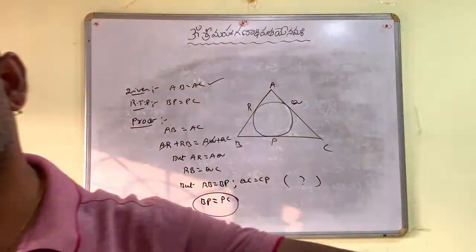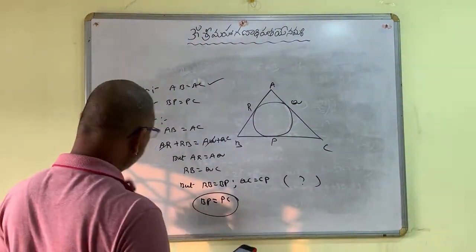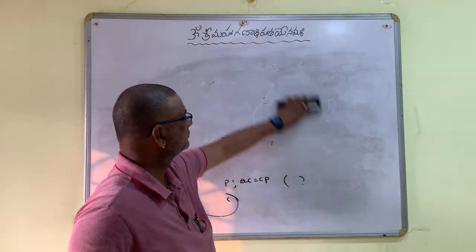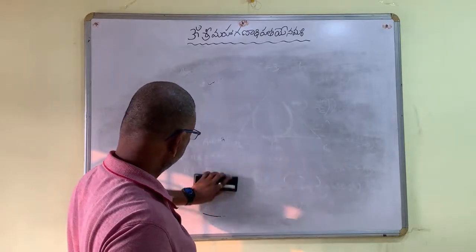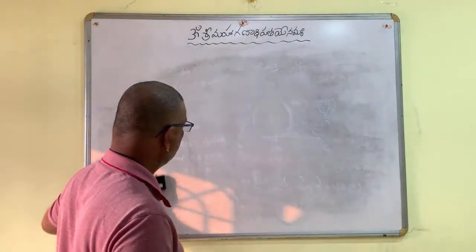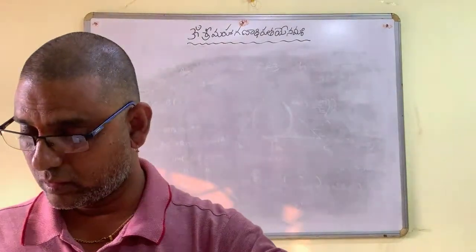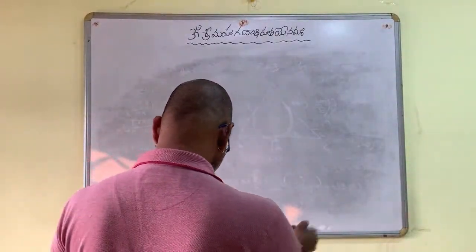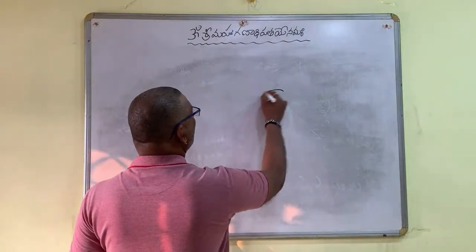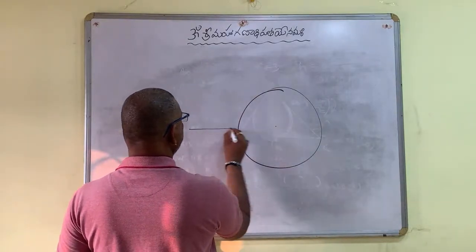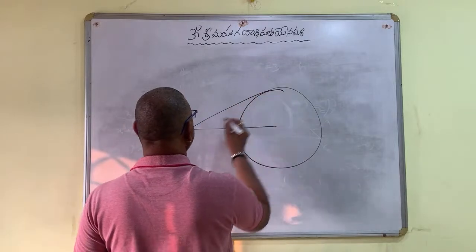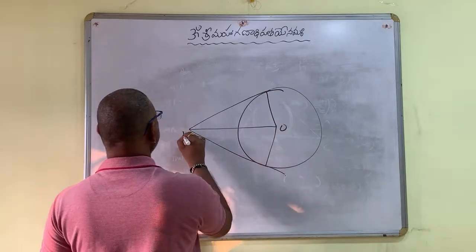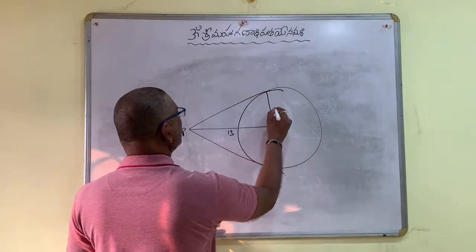See the R question. He is asking about the area of quadrilateral. From a point P, which is at a distance of 13 centimeters from the center O, this is 13, radius 5.